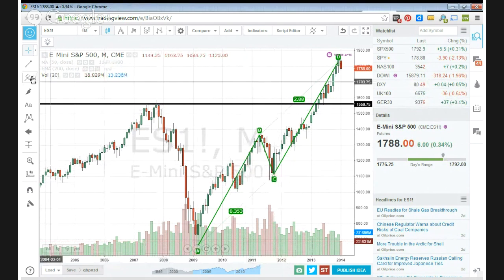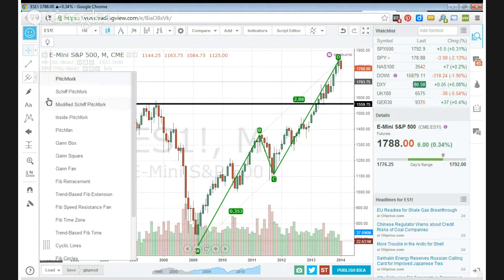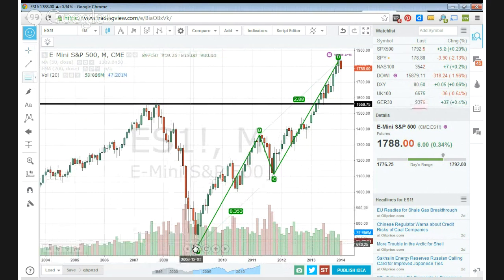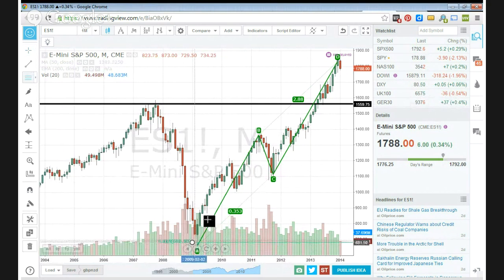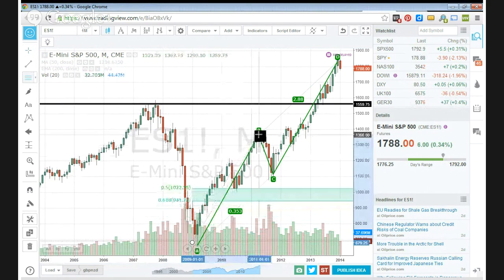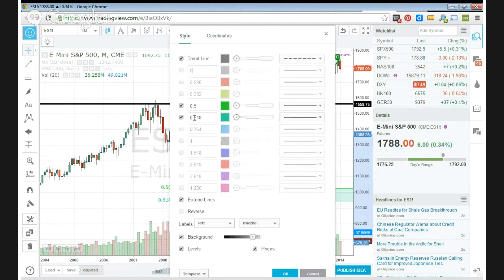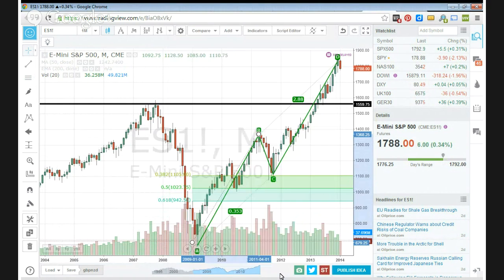Let's actually measure that to see if it really applies here. Fibonacci retracement, and point A should be... okay, let's modify this, add a 0.382. Okay, so we do get a 38.2, and that's a key thing here.